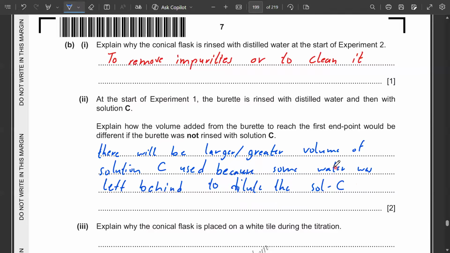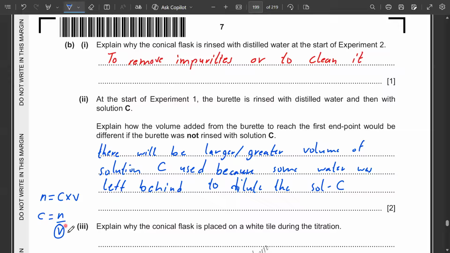So solution C was diluted because of the presence of the water. And if you remember, dilution has a relation with the concentration. If you remember this formula, N is equal to C into V. C is concentration, V is volume, and they are interrelated with each other. If I say C is equal to N over V, V stands for volume, C stands for concentration.